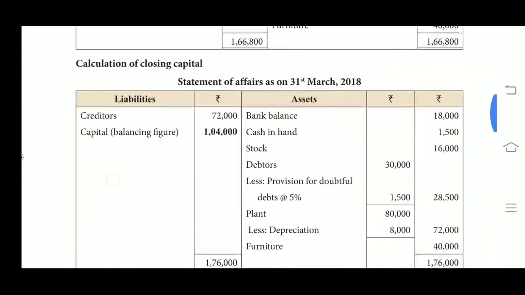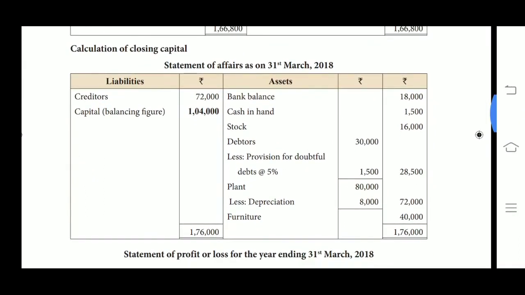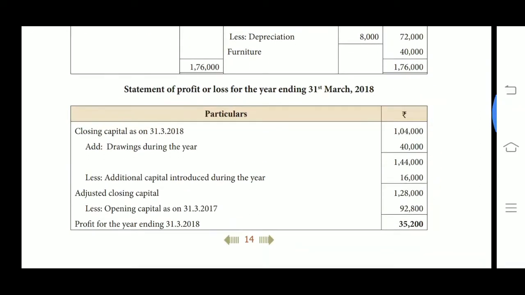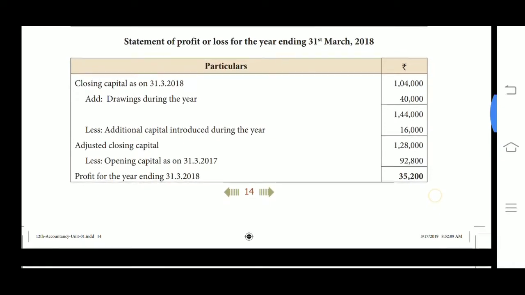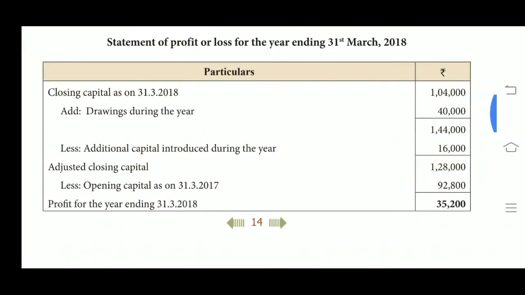Applying the missing information format, find out the statement of profit or loss for the year ended 31st March 2018. Particulars, rupees. Closing capital as on 31st March 2018, 1,04,000.